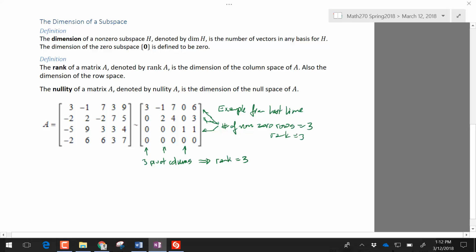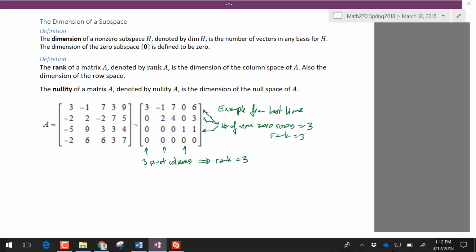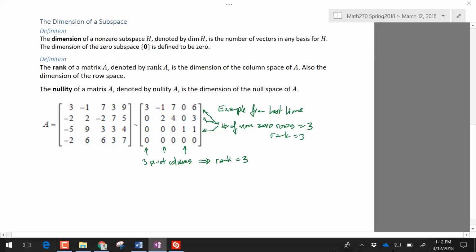Okay. The nullity, if you remember, if you reduce this, counts the number of free variables. We got 2 free variables, so the nullity equals 2.